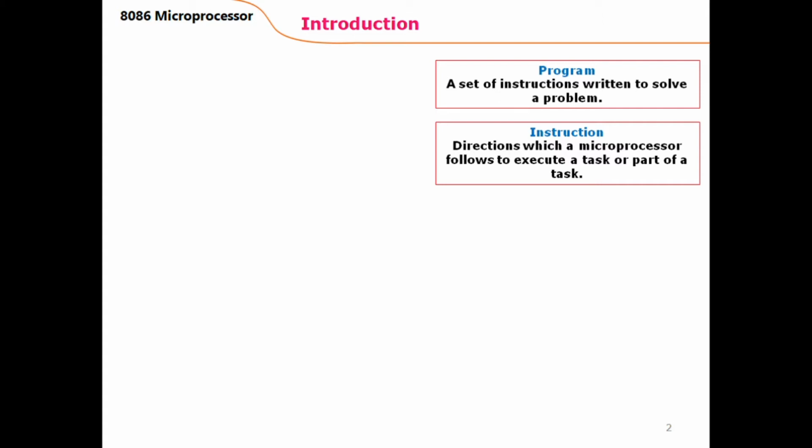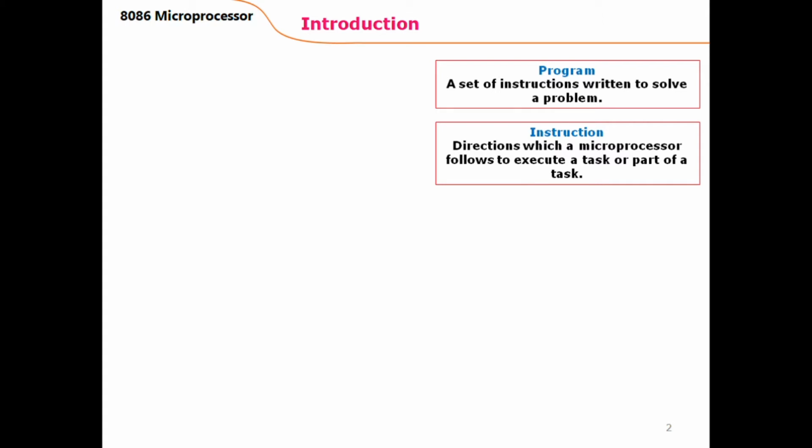And instructions are then used to write a program. So an instruction is basically a direction which a microprocessor follows to execute a task or part of a task.